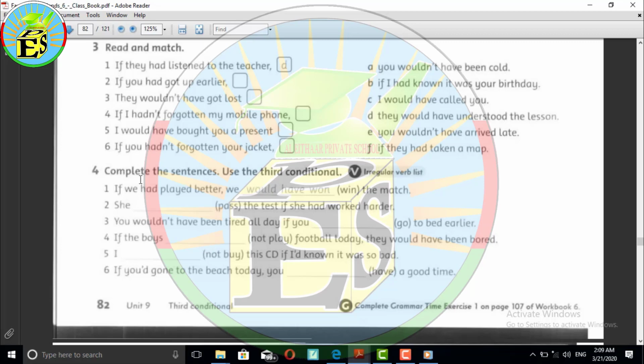Okay. Complete the sentence. Use the third conditional. He made the first example for us. If we had played better, we would have won the match. Number 2.